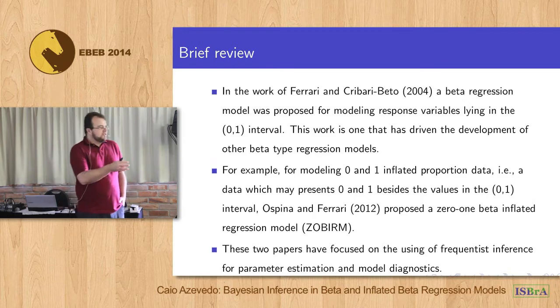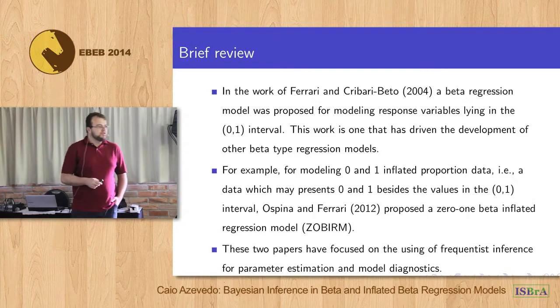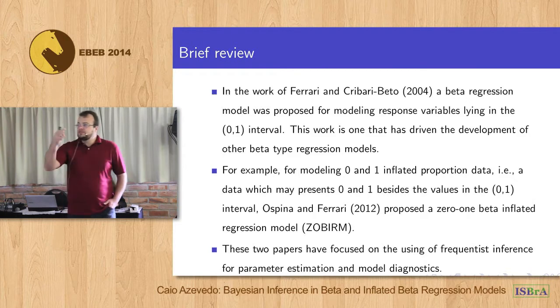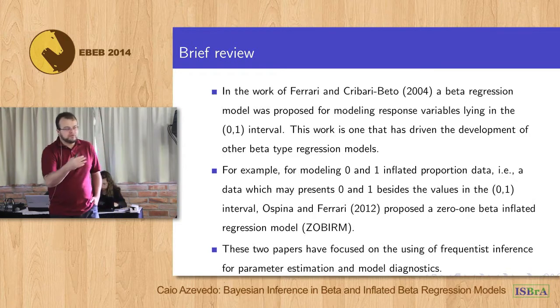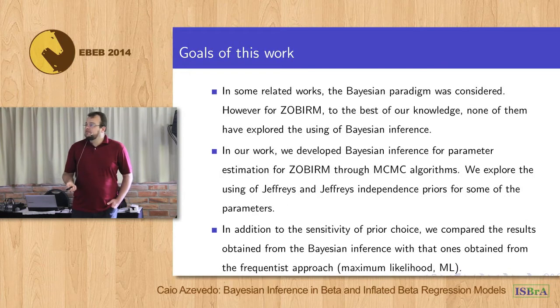Nowadays I know that there are some works, for example at least one from Diana, that use Bayesian inference to estimate the parameters of some kind of inflated beta regression models. Okay, let me show you a little bit of a review and go over this work.